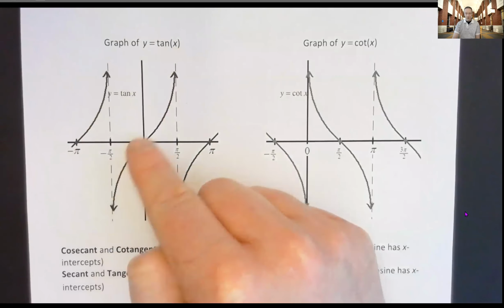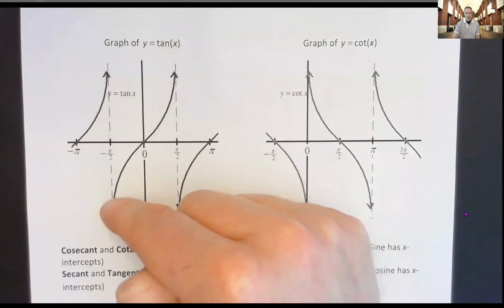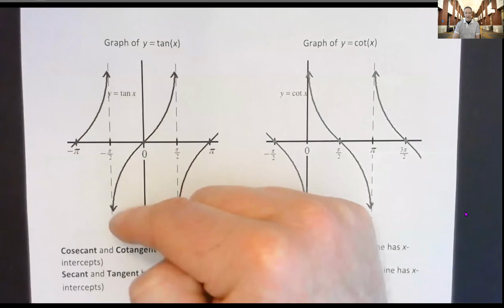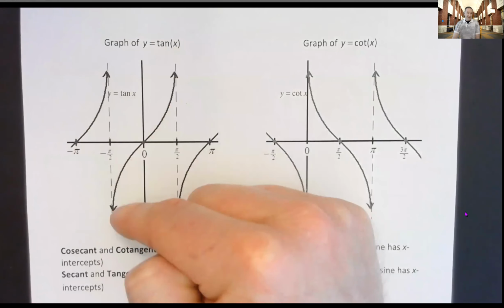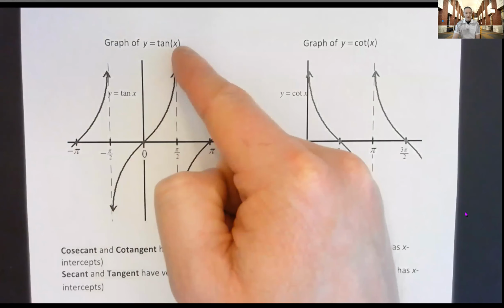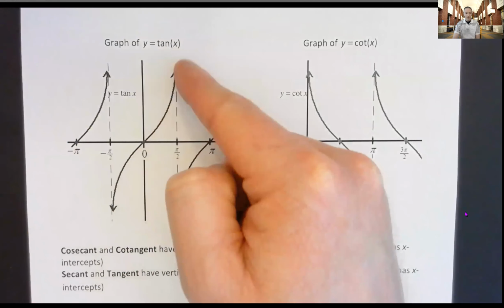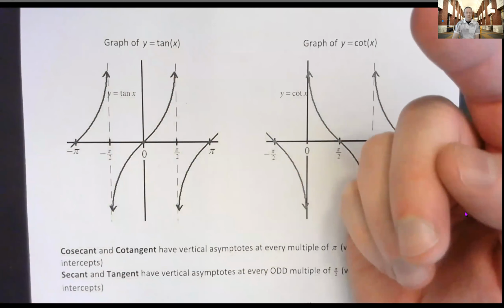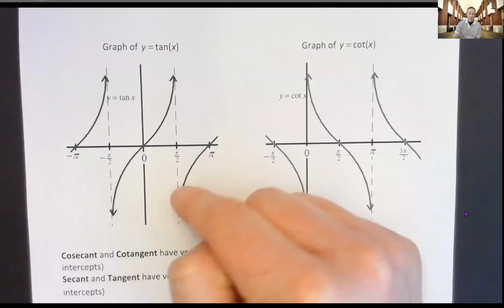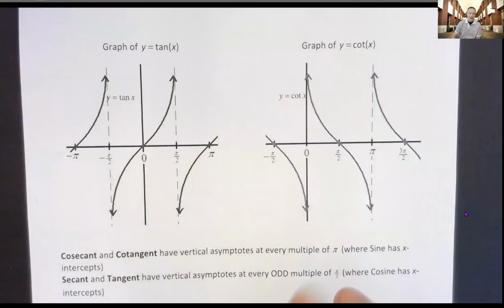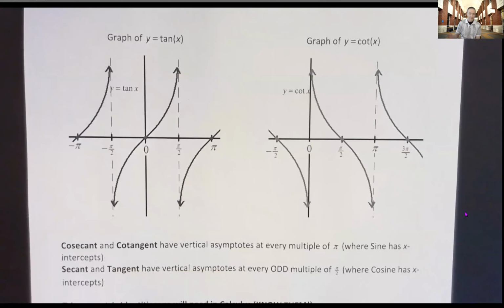Really, the only portion you need is this right in the middle. Between negative pi over 2 and pi over 2, it sort of looks like y equals x cubed stretched out between those two vertical asymptotes. And then it's just going to have that exact same cycle every pi radians after that.